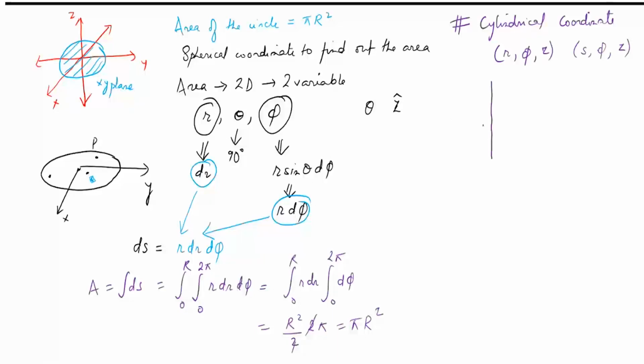Suppose you have a cylinder like this. Now this point is what they call Z, and this radius is what they call R. If this is X, this is what they call phi.